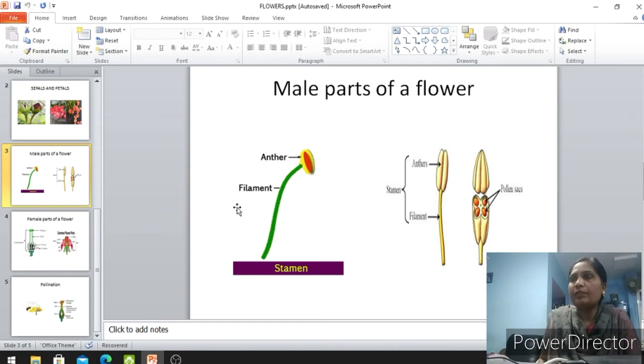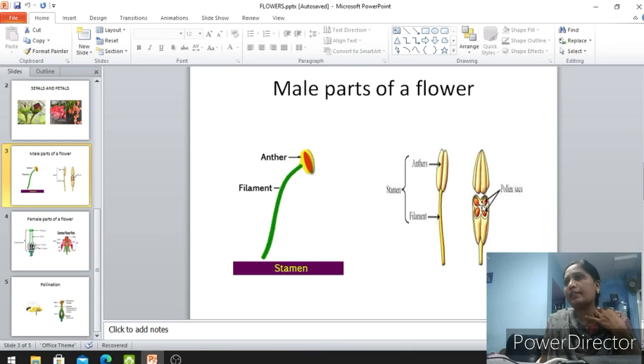The male part of the flower is called the stamen. What are the different parts present in a stamen? We'll see. A stamen has a long tube-like structure called the filament. One end of the filament has a head-like structure called the anther. The head-like part is known as the anther and the tube-like part is the filament. Inside the anther, when you cut it open, you can observe the pollen sacs.